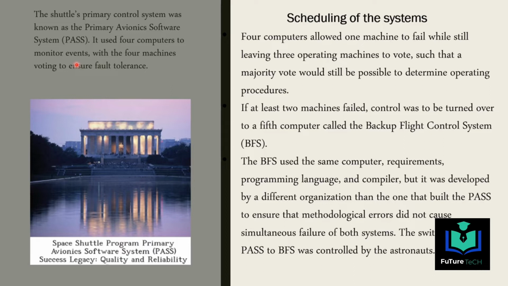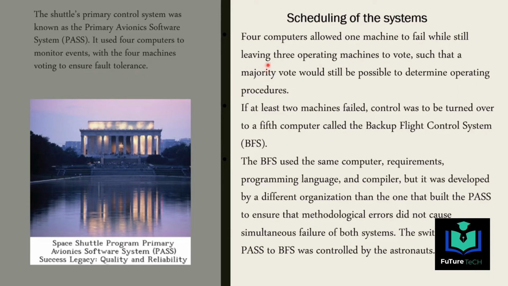What do we mean by events? Events means the set of tasks, which depend upon time. There were 4 machines voting to ensure fault tolerance. They are just used for measuring the fault tolerance.